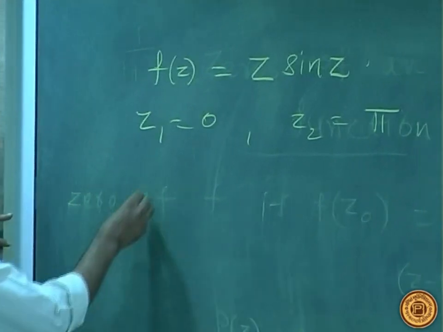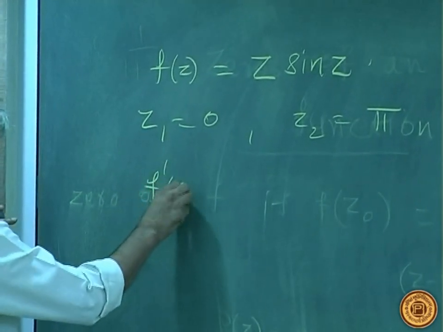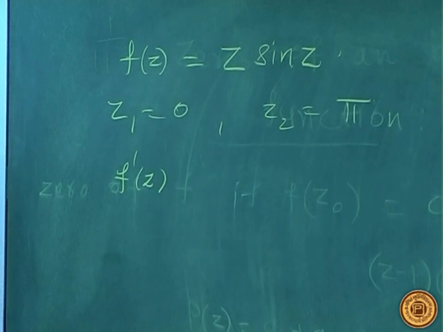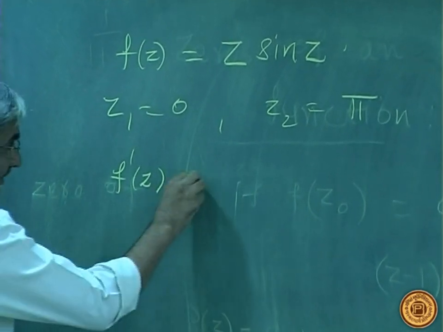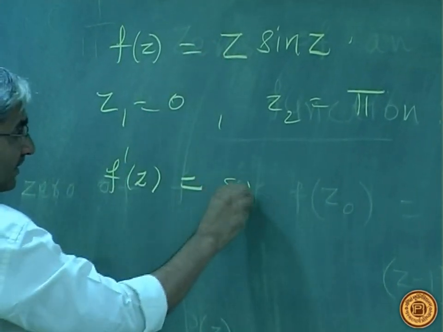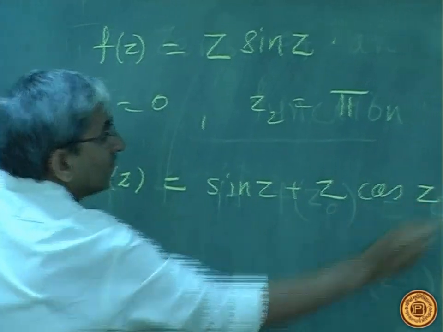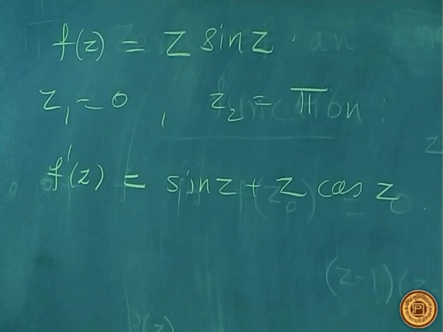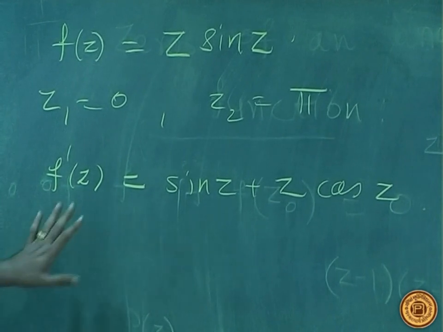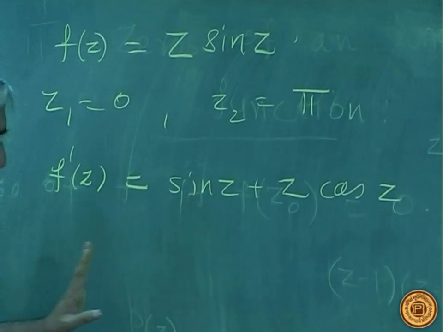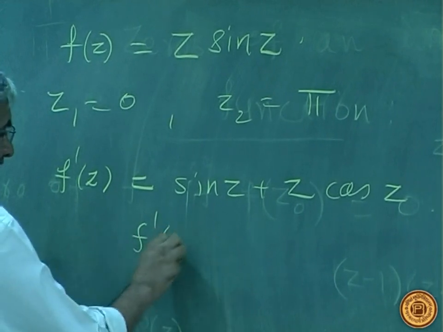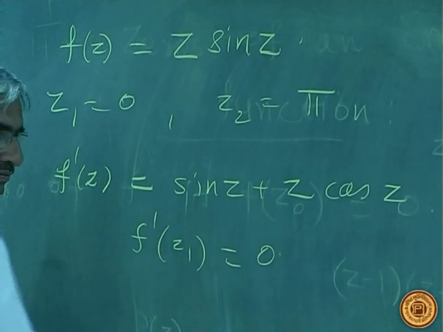So what I do is I find f dash z. Now what is f dash z? It is sin z plus z cos z. Now if I put z equal to 0, it is 0. So f dash of z1 is 0.